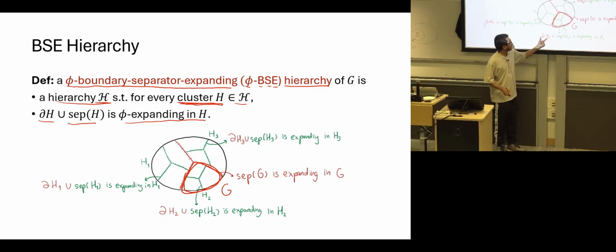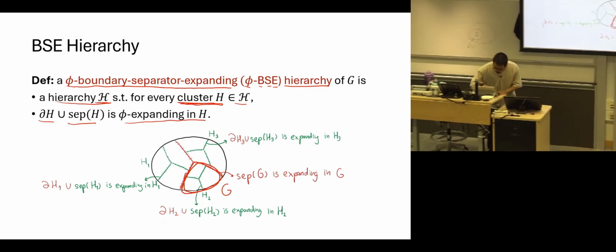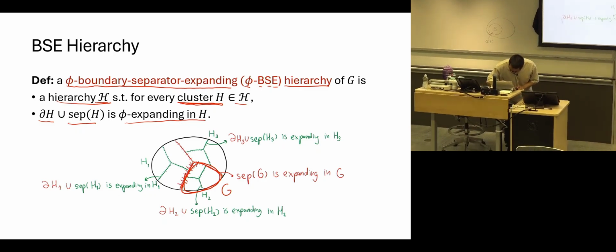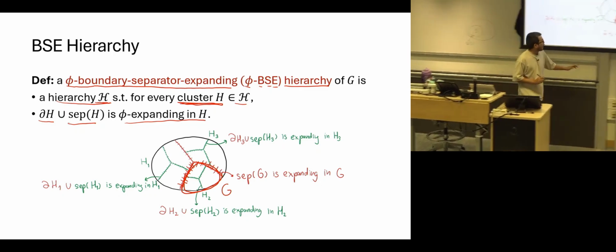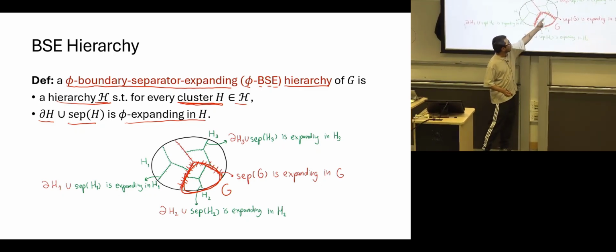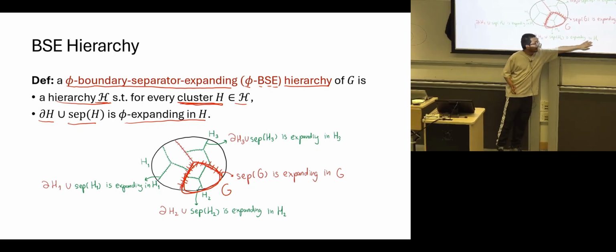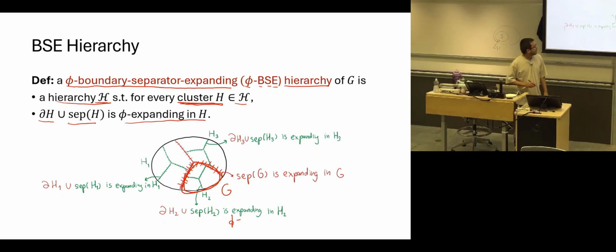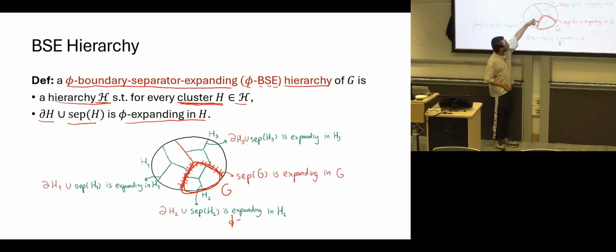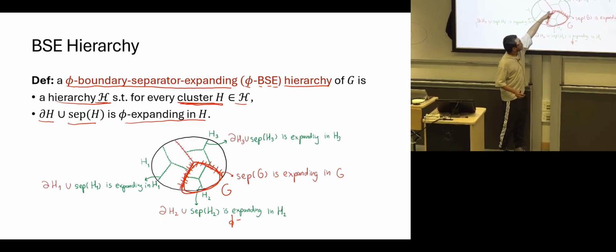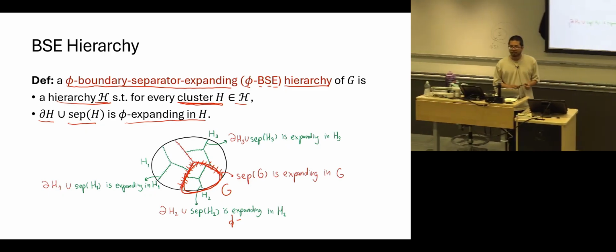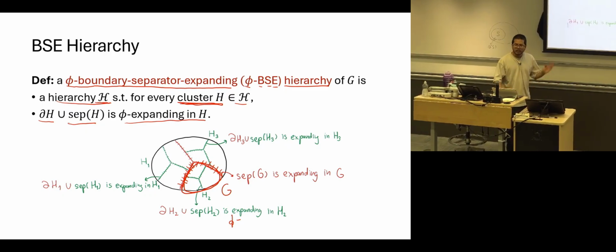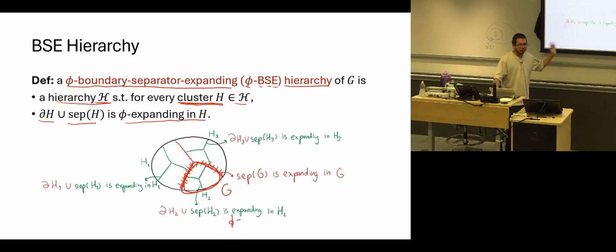Then we have that both the boundary of H and the separator of H, the green one here, is expanding in H2. Actually phi expanding. Which means that any demand that respects the boundary or the separator, you can route it with low congestion. So this is just to recap the definition. Any questions? You recall this thing, right?